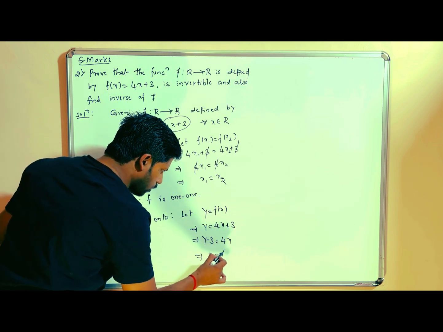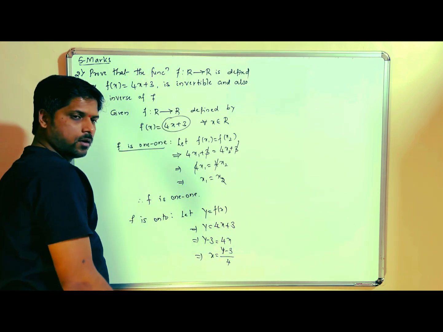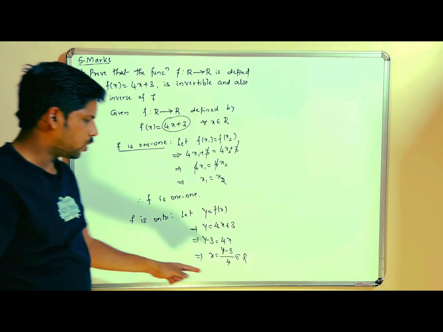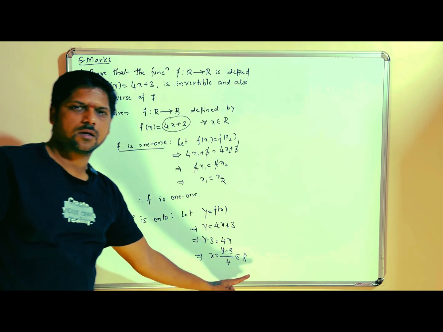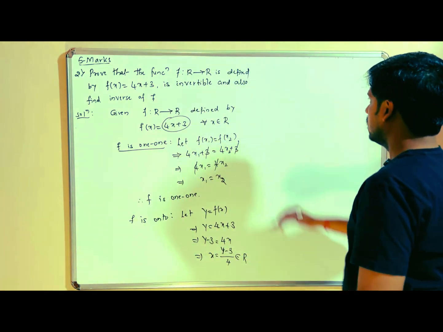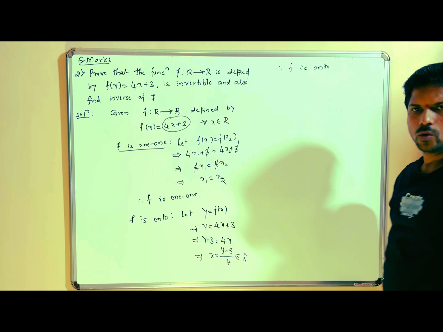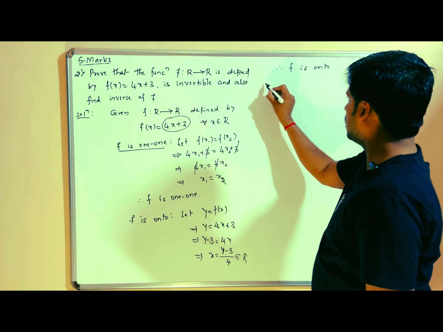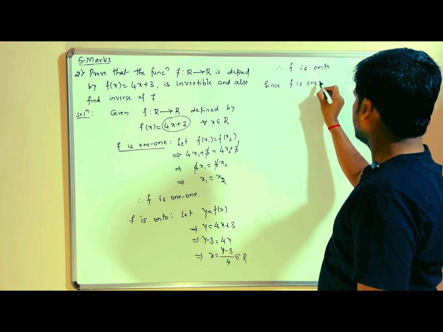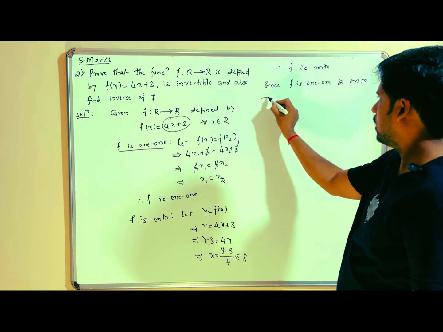Then x is equal to y minus 3 divided by 4, which belongs to R. Put any value of y, we are going to get the value of x, which belongs to the real numbers only. So therefore x belongs to R, and we say that f is onto.